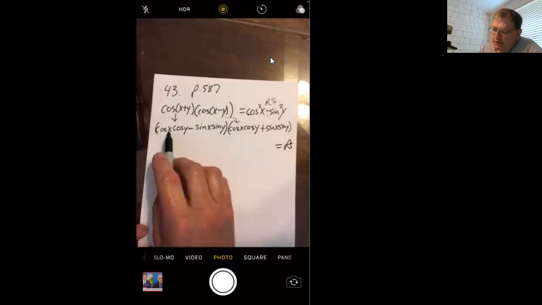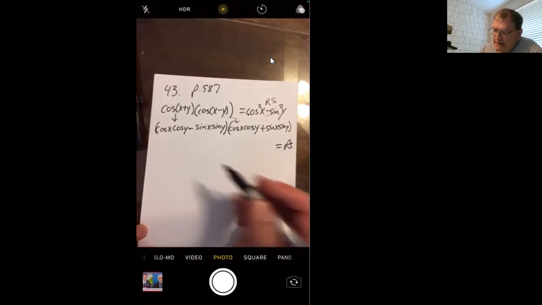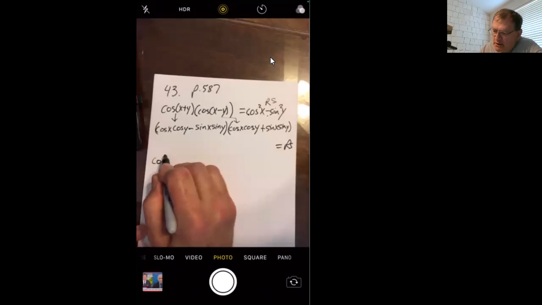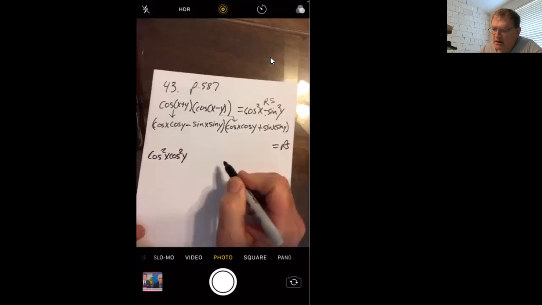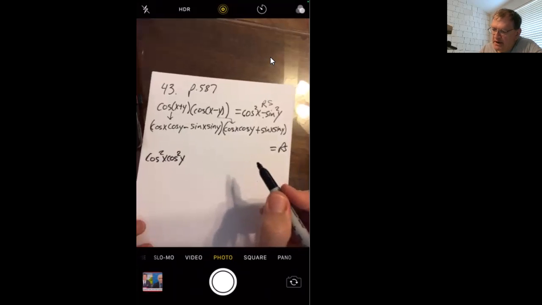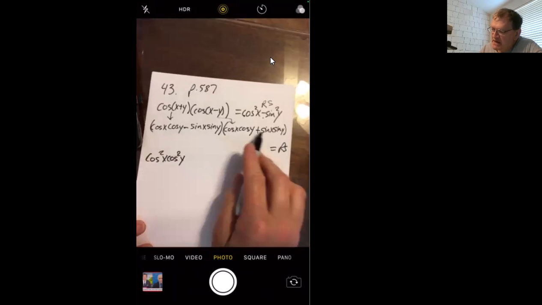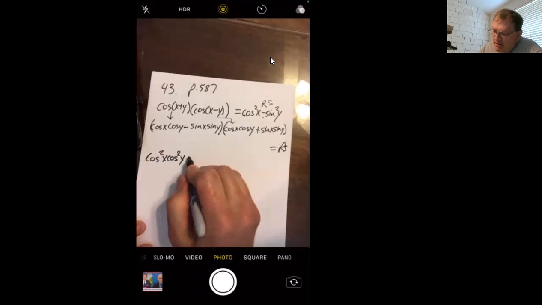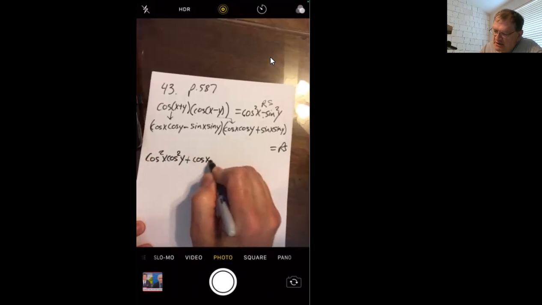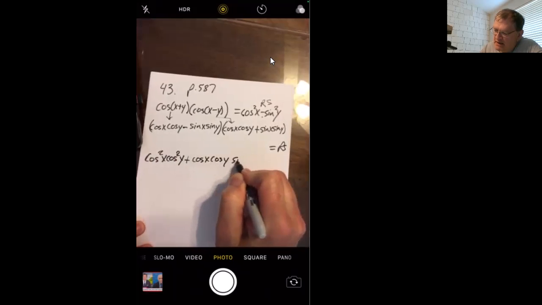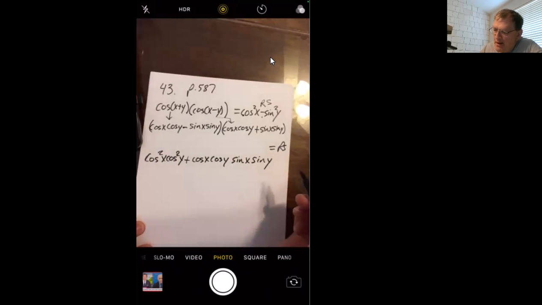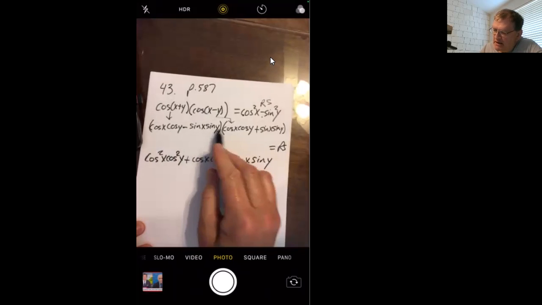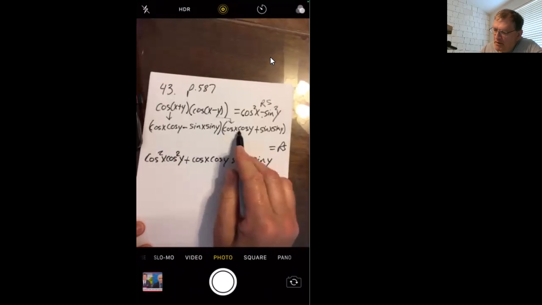Well, that's going to get you cosine times cosine. That's identical. So that's going to go cosine squared x cosine squared y. Yeah, this is going to be a bit messy here. All right, now you're going to get plus cosine x, cosine y, sine x, sine y. Well, you're going to get the same identical term with a minus sign.